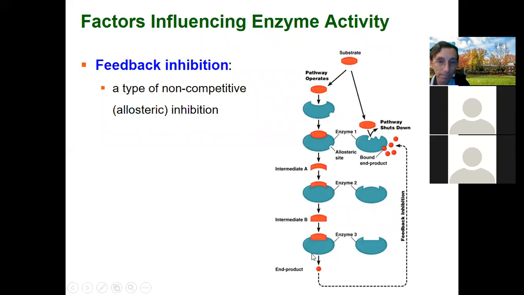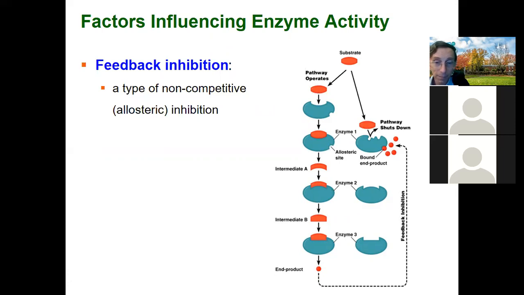So we have an enzymatic pathway here. And you can have feedback inhibition where the end product, when it builds up in the cell, can then bind to one of the enzymes, usually the first enzyme, and then act as an allosteric inhibitor, changing the shape of the enzyme so it can no longer bind to the substrate.